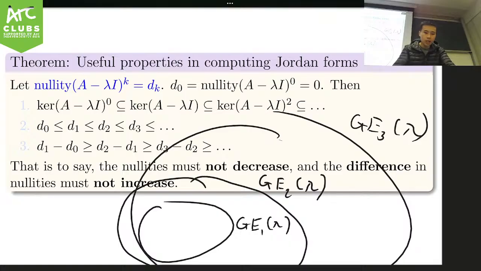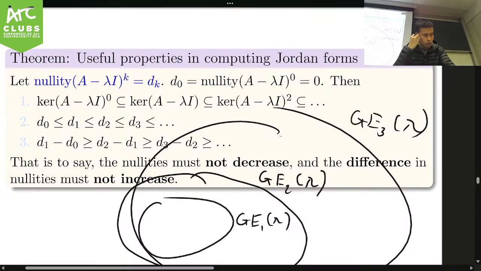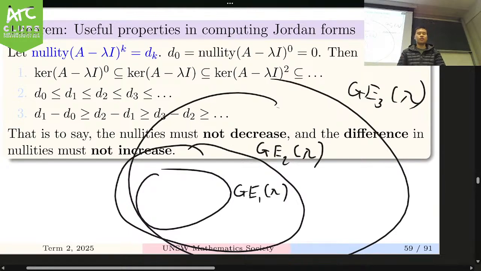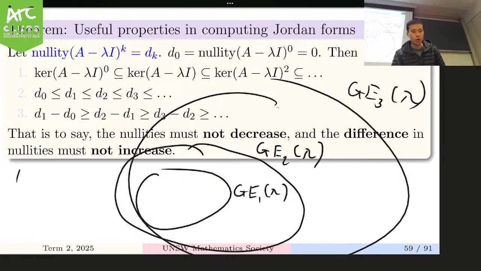I'll cover that later. The gap between successive nullities can't just go from 1 to 100 all of a sudden. Going to 4 or 2 is fine, but it can't go to 93. That's basically what it's saying here. It can't do that.